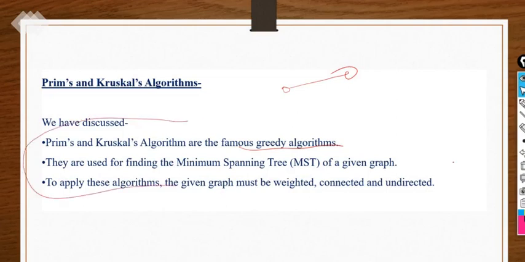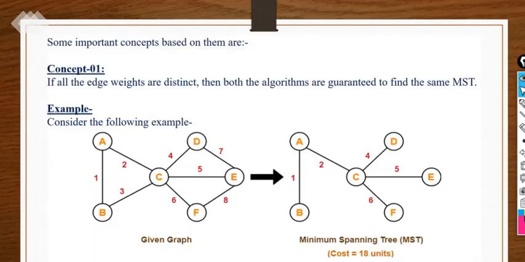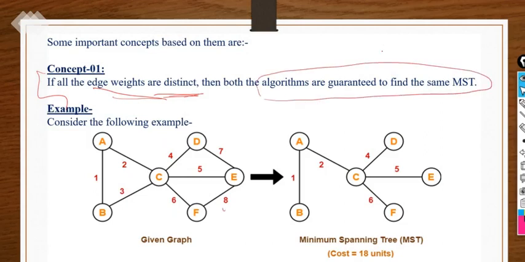So these are the similarities for both algorithms, and there are some important concepts regarding Prim's and Kruskal. The first one is: if all the edge weights are distinct, no one is repeating, like 1, 2, 3, then both algorithms are guaranteed to find the same minimum spanning tree.